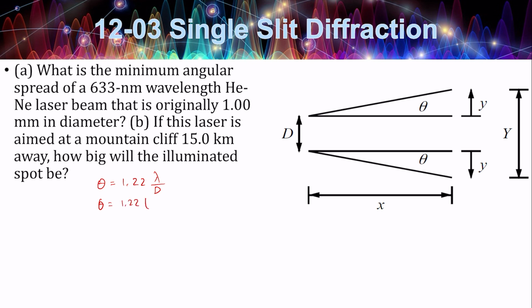The wavelength is 633. It's nano, so times 10 to the negative 9 meters. And the diameter is 1 millimeter, so that's 1 times 10 to the negative 3 meters. And that comes out to be 7.72 times 10 to the negative 4. And that was in radians for the angle.